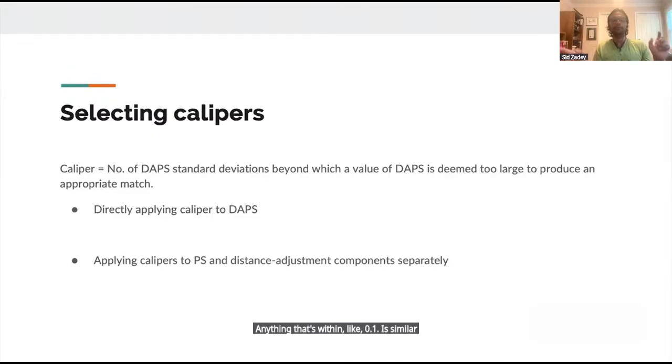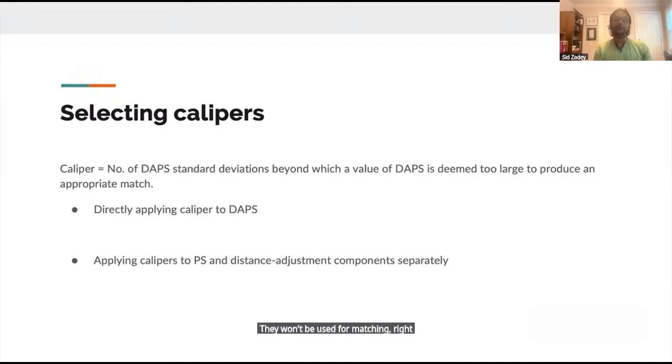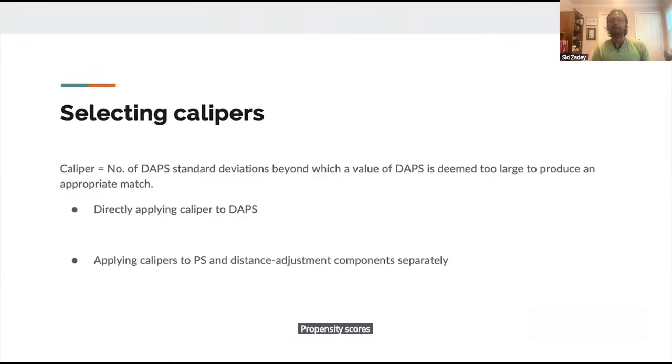If two units are outside of that difference, they won't be used for matching. Or you can say let me first have a caliper for propensity scores of 0.1, and then a separate caliper for distance adjustment, and say that people who are outside of 200 miles or whatever will not be matched to each other.